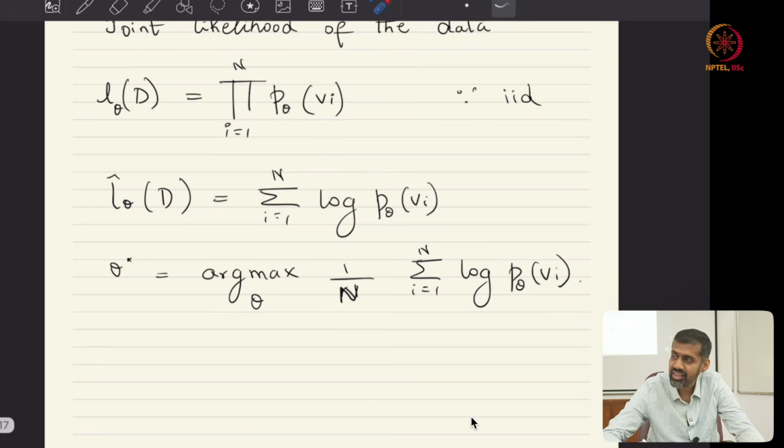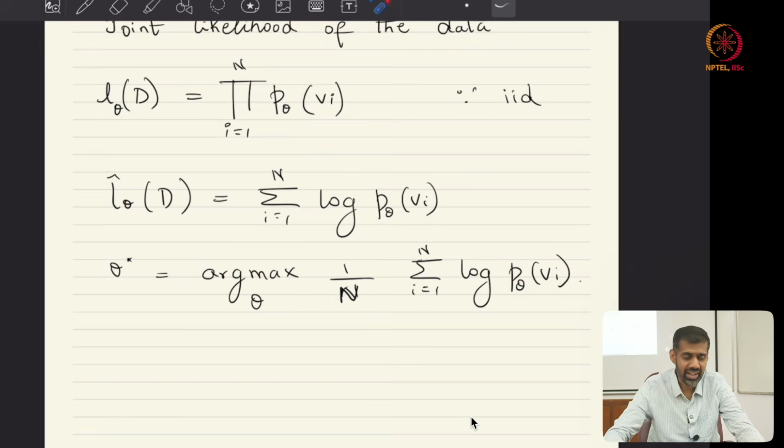We are maximizing the likelihood of seeing the data computed under the model distribution. Given that I am treating my data as coming from the model distribution, give me that model distribution which would maximize the likelihood, not entropy.